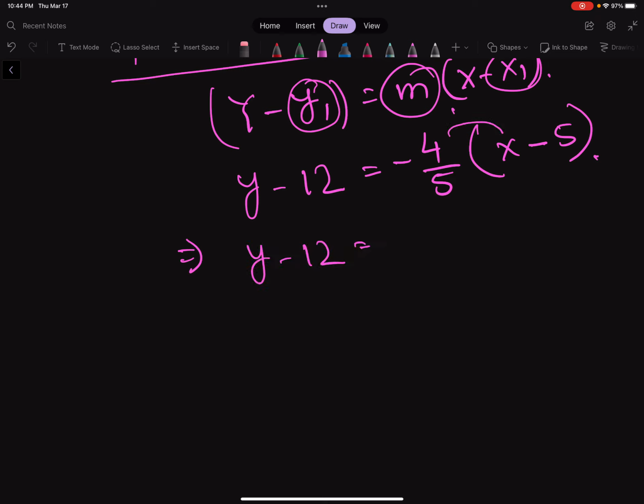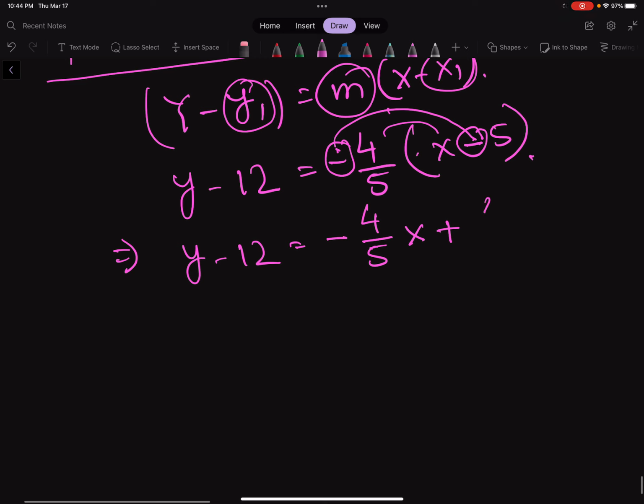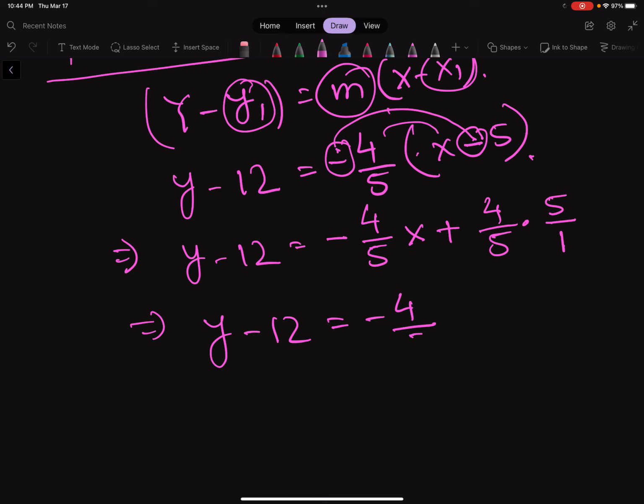Let me distribute. Negative times x gives negative 4 over 5 x, and negative times negative becomes positive, so I have 4 over 5 multiplied by 5, with a 1 in the denominator. So y minus 12 equals negative 4 over 5 x, the 5 cancels out, plus 4.